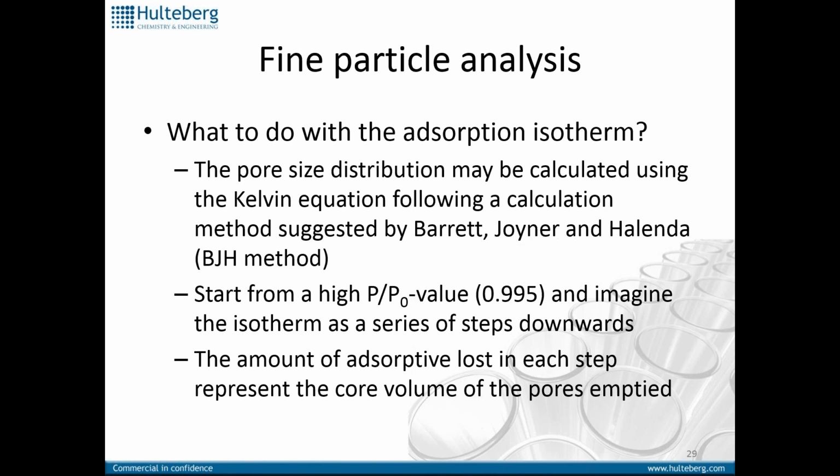You start from the high value, and then you imagine the isotherm as a series of steps going downwards, and the amount that you lose in each step represents the volume of the pores emptied. This was probably a very tedious activity when it was developed, but today we have automated computer systems that do this for us.